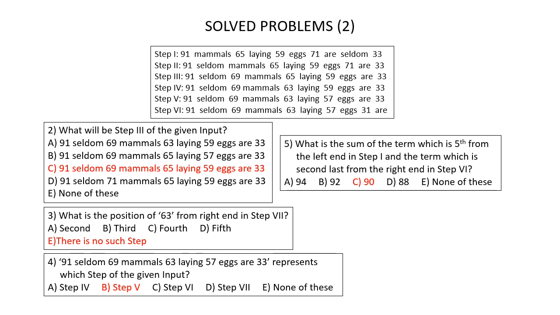So here you are asked to find in which step of the given input this same order of numbers and words can be seen. Now as you can see in these rearrangement steps, in step 5 the same order of numbers and words given in the question is seen. So the correct answer is option B, step 5.